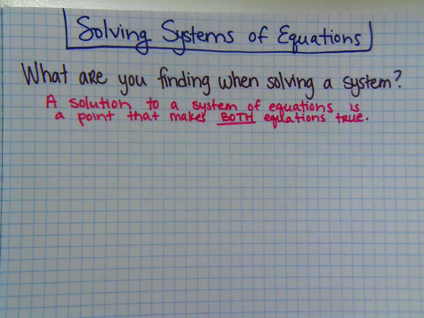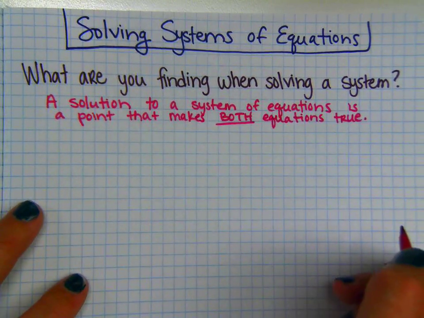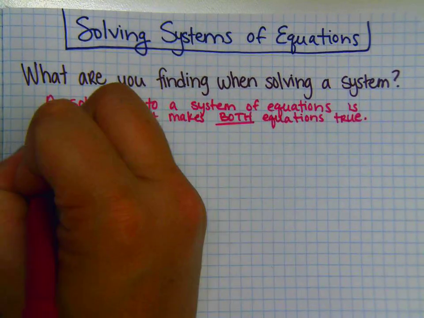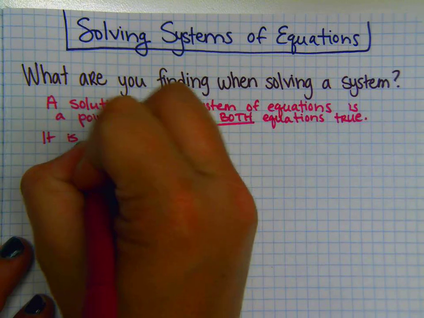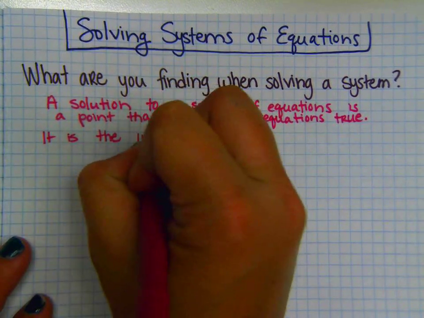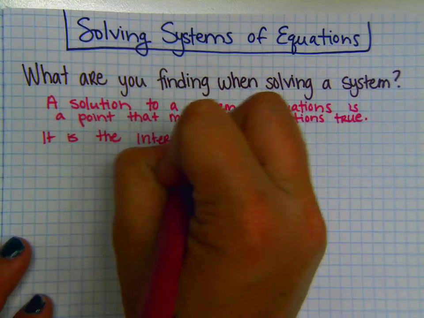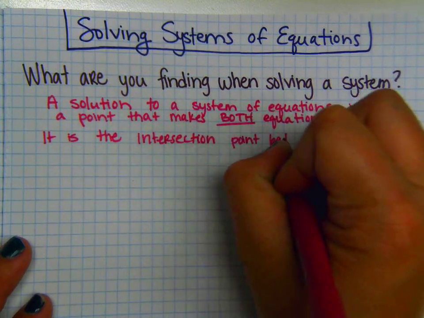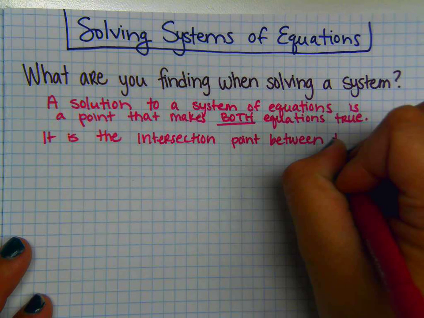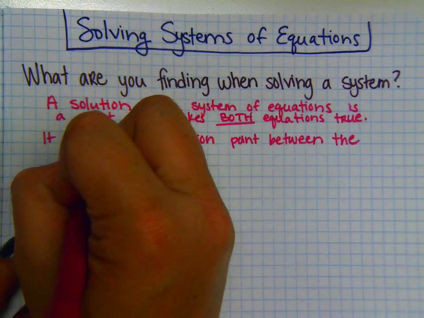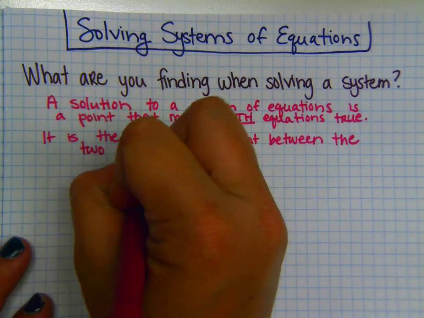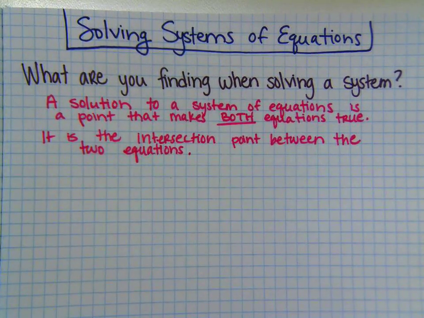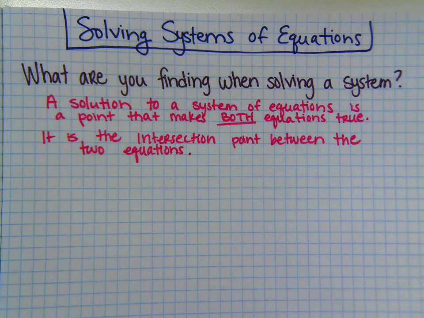Another way to word that is, it is the intersection between the 2 equations. Okay, so it's something that makes them both true, and it's that intersection.